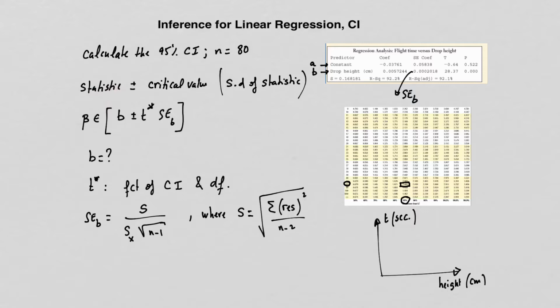In our case, it's the slope of this sample, okay? Plus or minus, because this is an interval, the critical value, it's either T star or Z star. In our case, it's going to be T star because we're taking a sample and we don't know the standard deviation. And then the standard deviation of the statistic.